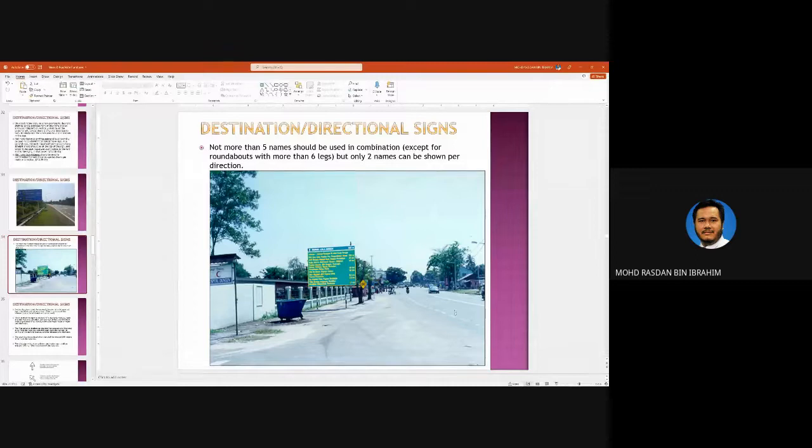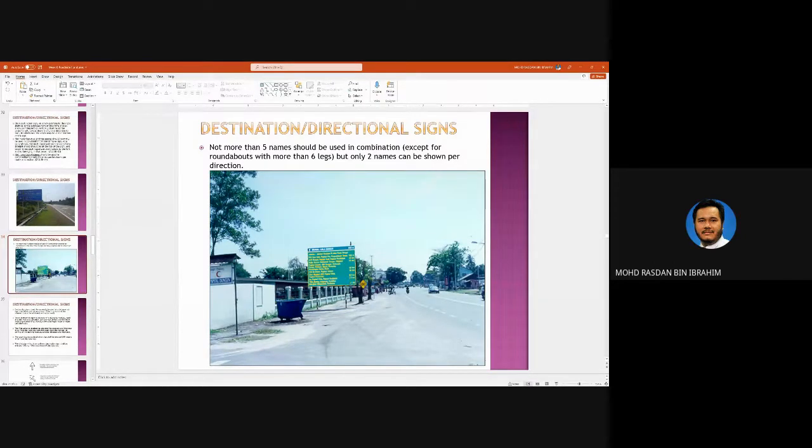With the traveling speed here, let's say the speed is 60, it is impossible for you to travel and look at this information one by one in time. You must be traveling at like 20 kilometers per hour, very slowly, so that you'll be able to see, okay, I'm going to this one here.